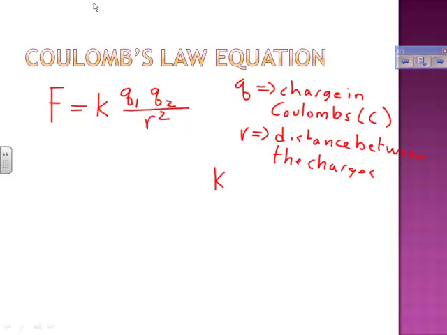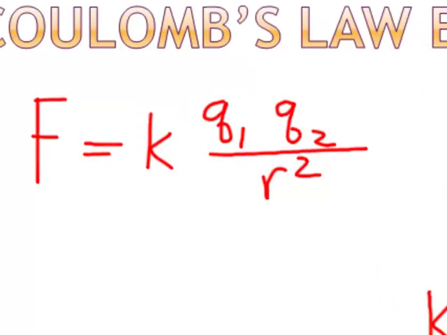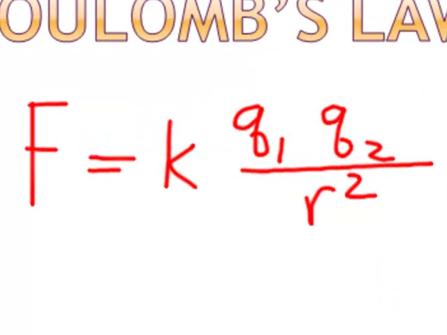K is a constant. It is always the number 9.0 times 10 to the 9th. And F we know is force in newtons.